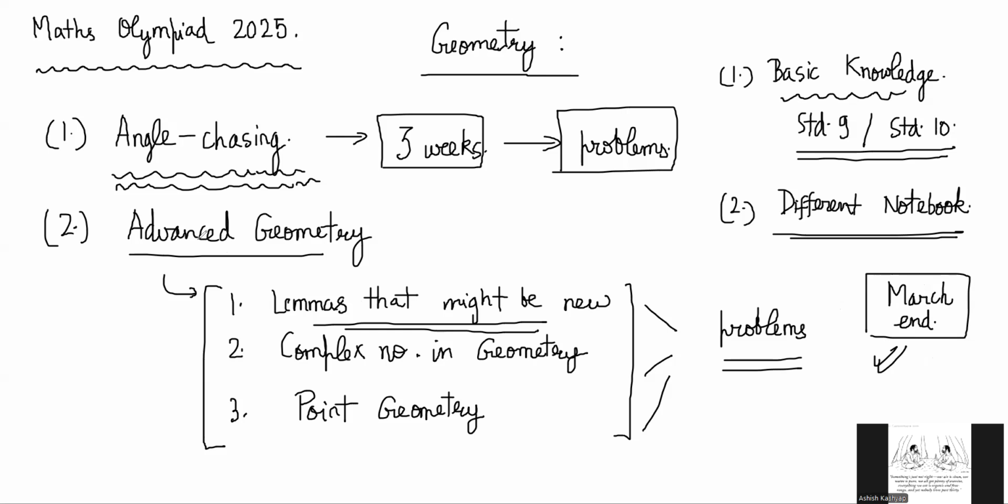So that much level we should have by then. So again, we are going to start with angle chasing and we are going to learn everything through problems. There will not be a lot of theory discussions. The basic geometry that we'll cover in angle chasing, most of you already know. And if you don't know something, we'll be proving it in class through some problems.